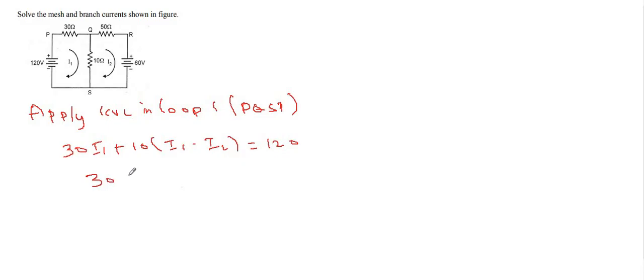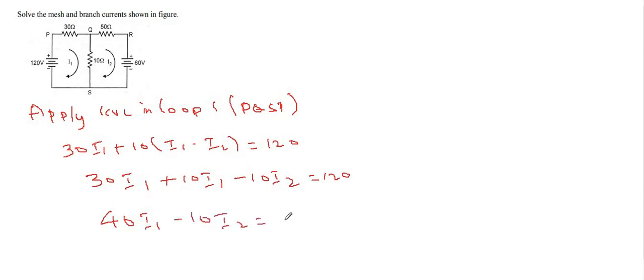So 30 I1 plus 10 I1 minus 10 I2 is equal to 120. So 40 I1 minus 10 I2 is equal to 120. So this will be our equation 1.